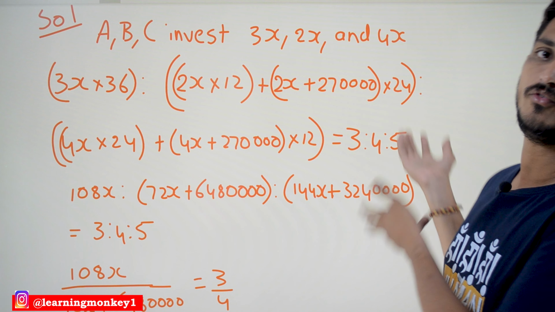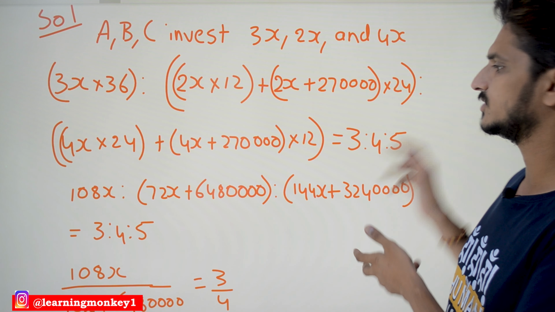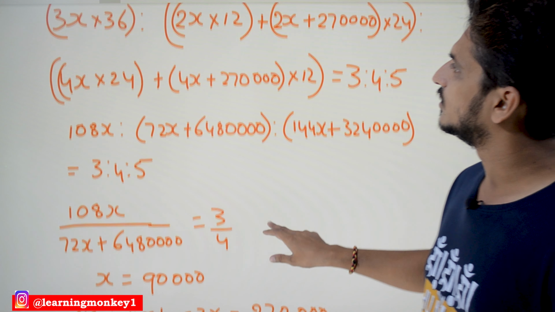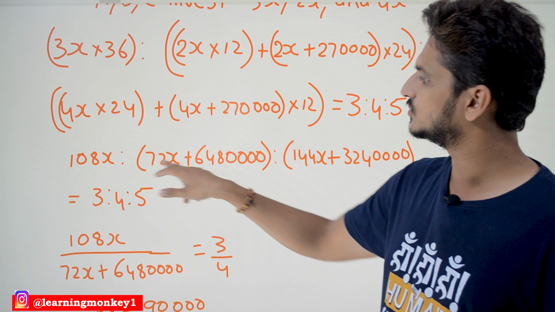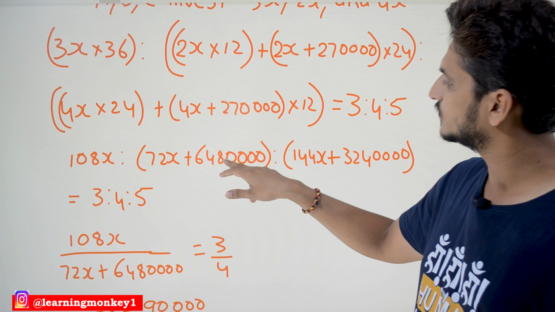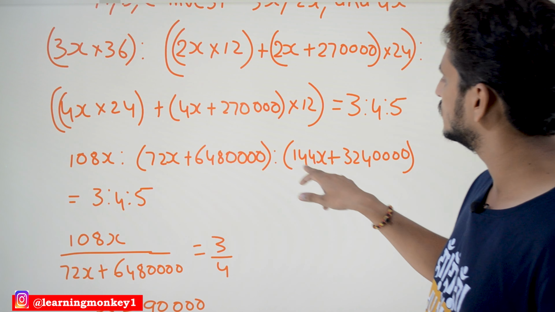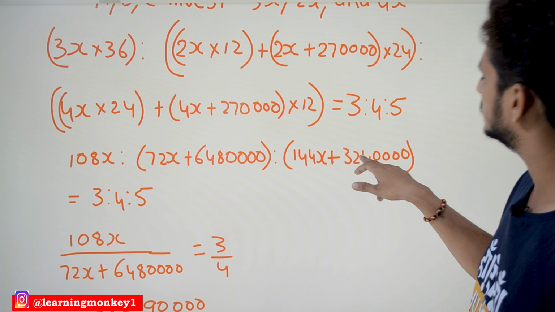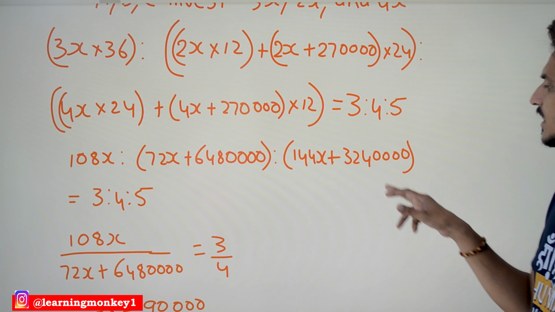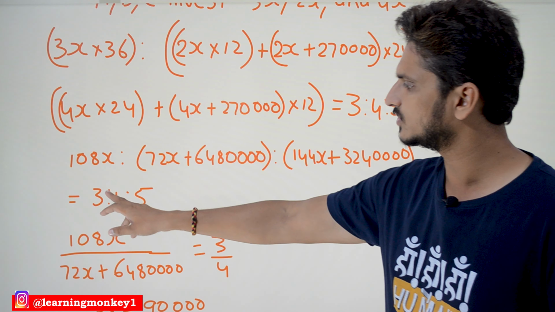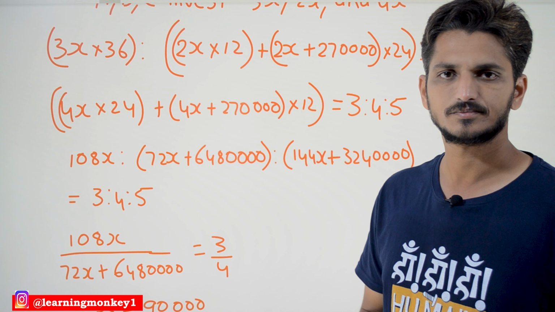After 3 years, these are the investment ratios. This is equal to the profit ratios, 3:4:5. Once you understand this point, solving them is very easy. So from this, 108x is to 72x plus 64 lakhs 80,000 is to 144x plus 32 lakhs 40,000 is equal to 3:4:5.